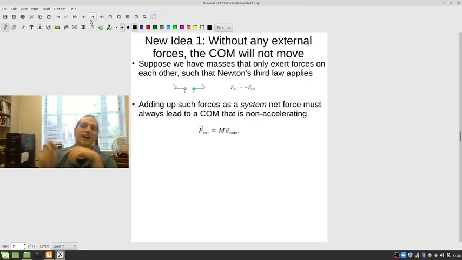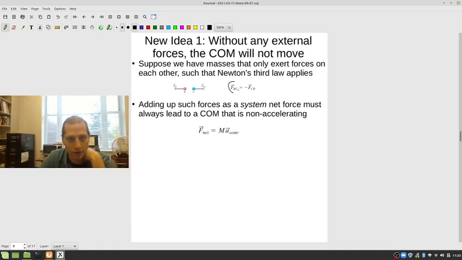But let's say that we start out with the center of mass not moving. An F net is going to cause accelerations in the center of mass. However, if all the objects causing forces on other objects are within your system, you have Newton's third law applying.